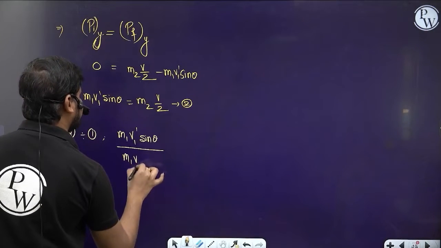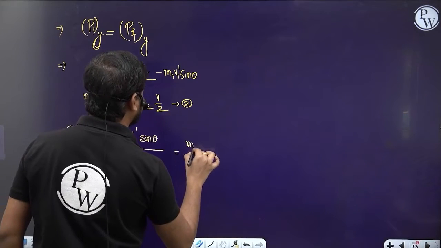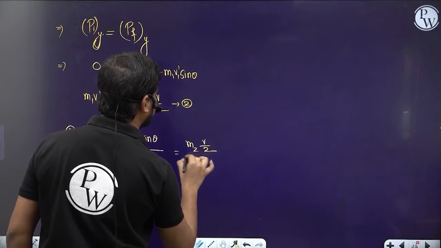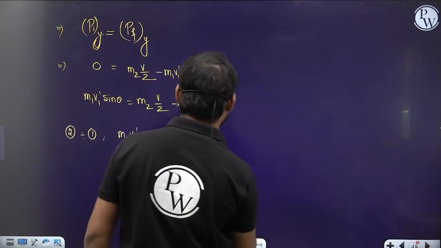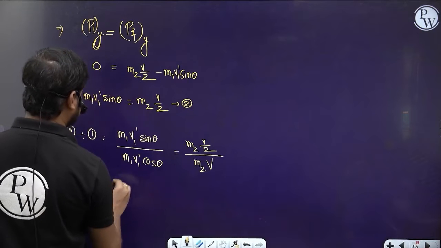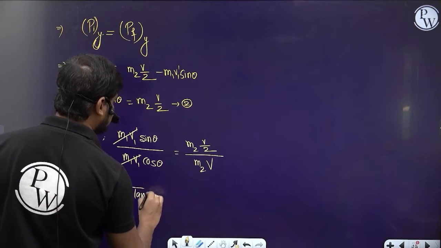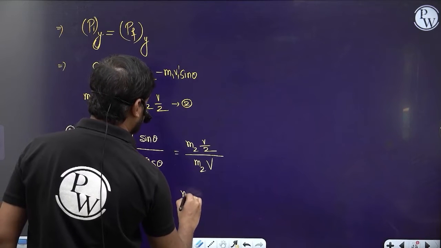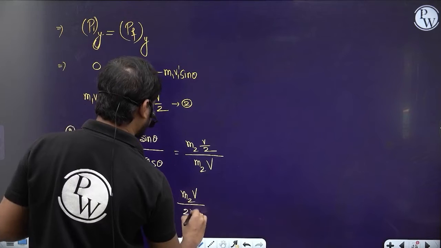m1 v1 dash by cos theta is equal to m2 into v by 2 by m2 into v. So this is m2 into v, right? Then m1 v1 dash cancels. So tan theta is equal to m2 v by 2 m2 v.